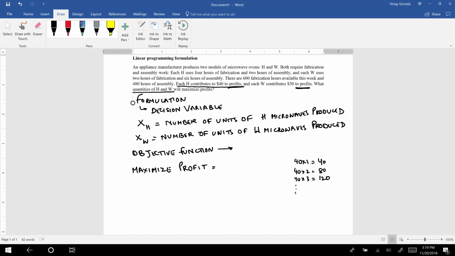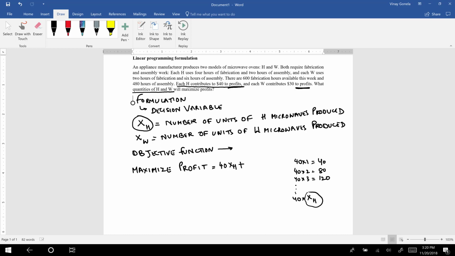So here we are producing XH quantity, so 40 times XH would be the profit we will be making. We don't know XH, that is what we are trying to determine. So our profit from H microwaves would be 40 times XH.